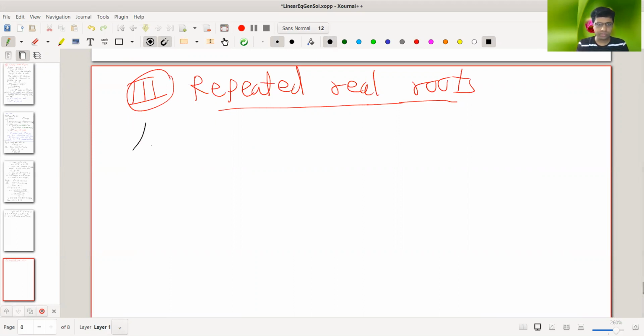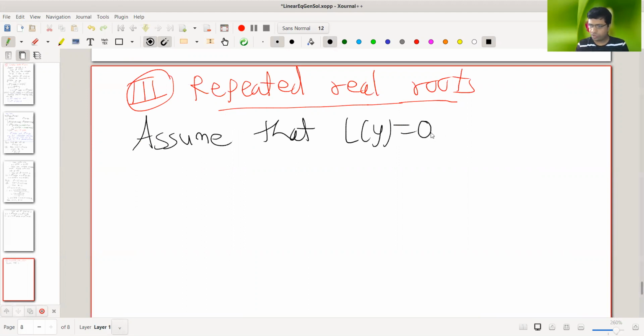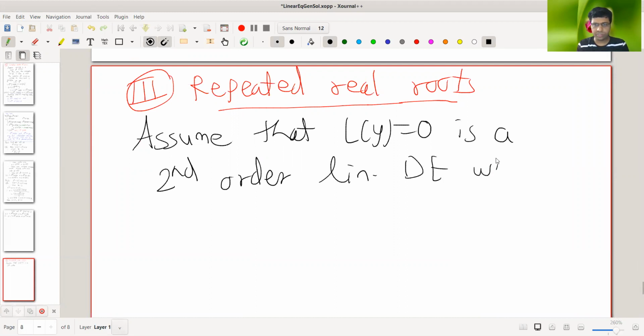Assume that L of y equal to 0 is a second order linear differential equation with constant coefficient.